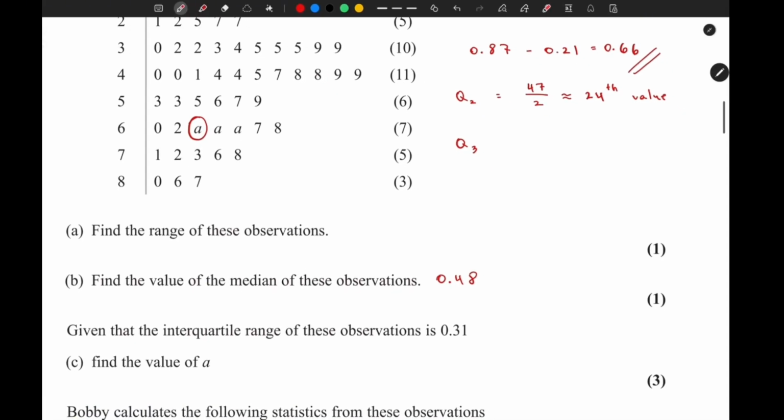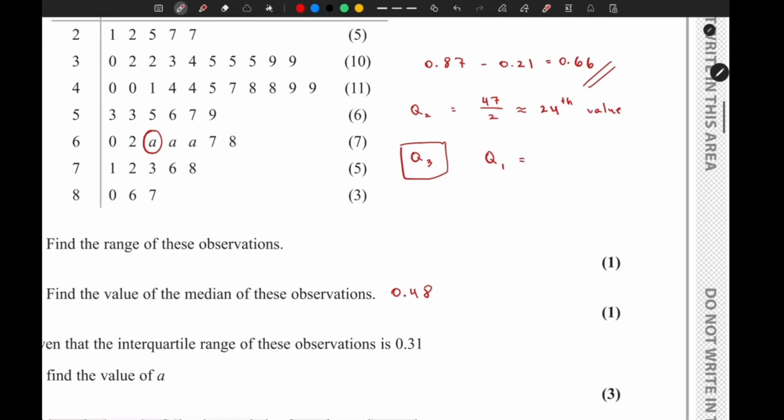Okay, now the upper quartile is unknown. Let's find the lower quartile, which is Q1. Q1 will lie around 1 over 4 times 47, which is 11.75. If we round this up, this will be the 12th value.